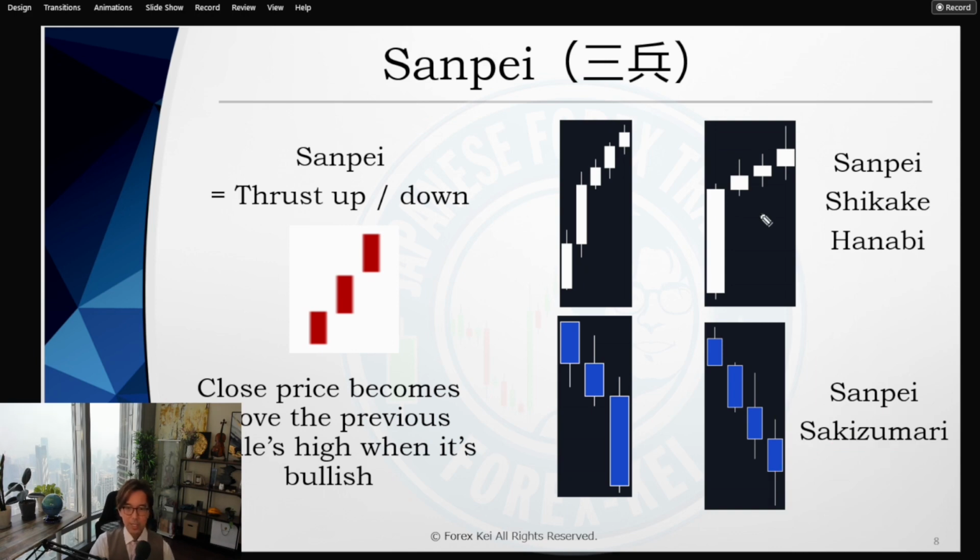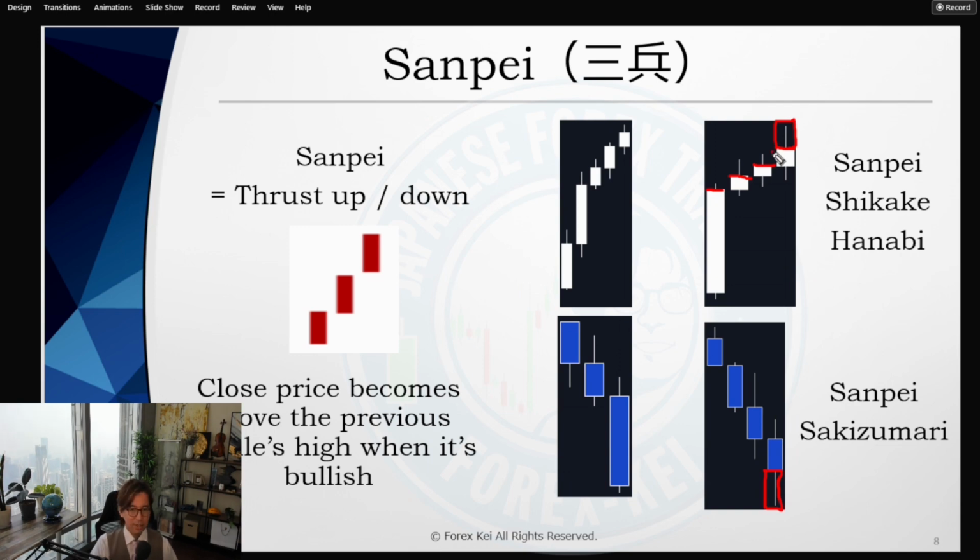So anyway, if you see candlesticks reaching higher and higher on each candle, this is Sanpei. But if you look at the last candlestick and see a big pin bar or long wick pointing up or down, and you also notice the candlesticks themselves are becoming smaller and smaller, then these are potential reversal patterns.